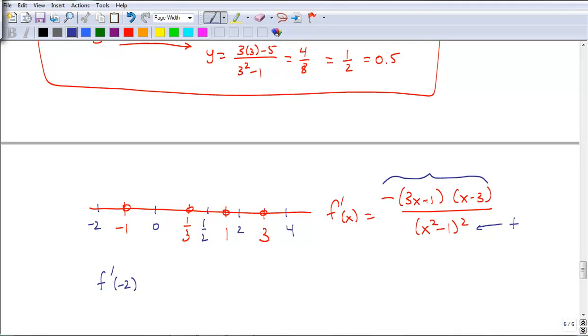When I take negative 2 and plug it in there, I get (negative 6 minus 1) times (negative 2 minus 3) over the number on the bottom, which is going to be positive. It actually works out to be 9. Well, this is negative 7 times negative 5 over 9. And there are 3 negative signs, so the overall answer will be negative. It's decreasing there.